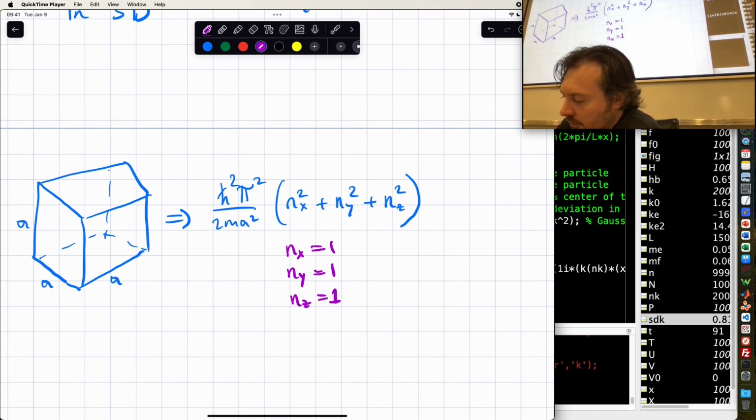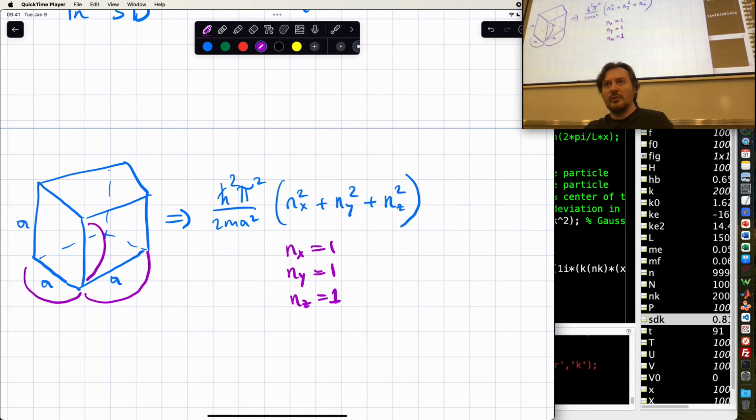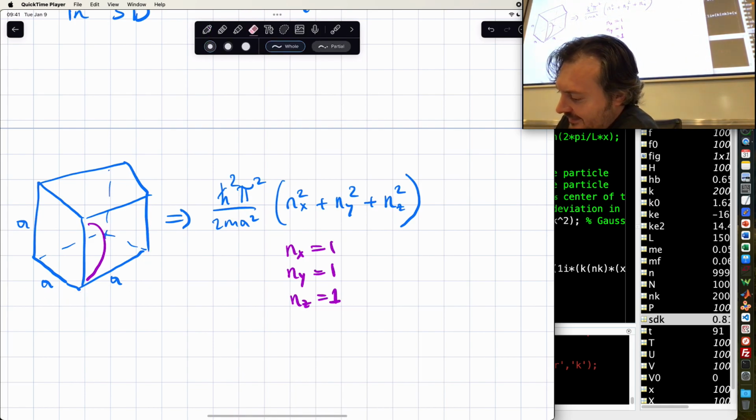Then you have a function that goes like this here, and like that here. No. Can you have 0, 0? Yes, of course. That's right. It's not the ground state.